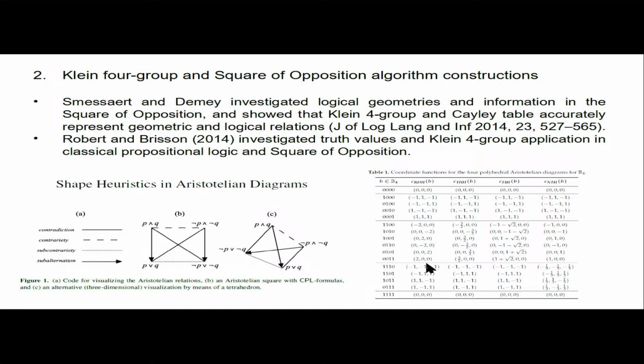Regarding the Klein group and the scale of opposition algorithm contracts, Sarasset and Dimai investigated logical geometries.